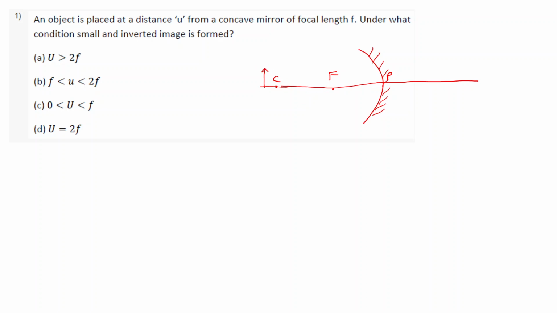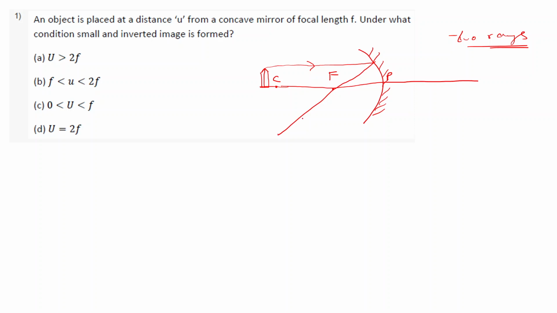So what happens is, if this is my object, I consider again two rays to understand where the images will be formed. This is my object. We consider one ray from it going parallel to the principal axis, and we know any ray going parallel to the principal axis will pass through the focus.